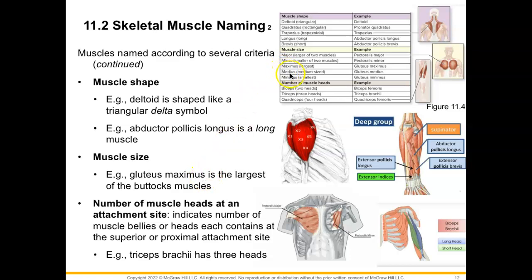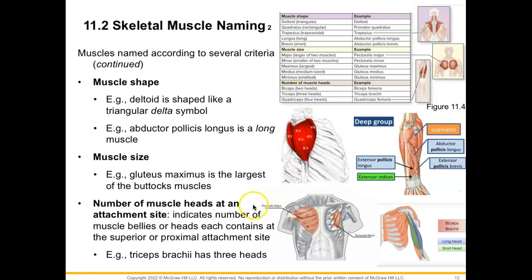And then deep to that, we have the gluteus medius, which means it's the medium-sized gluteal buttocks muscle, and minimus, which means it is the smallest of those gluteal muscles. We can also use the terms major and minor. Major meaning it is larger of the two muscles that are related or close in the same location, and minor meaning it is the smaller one.